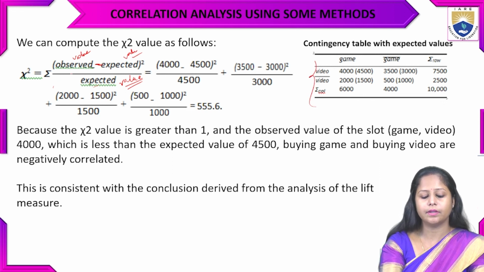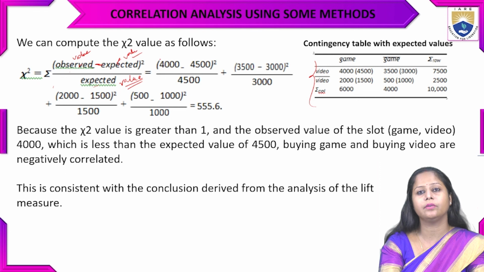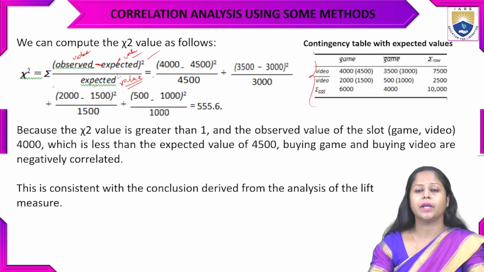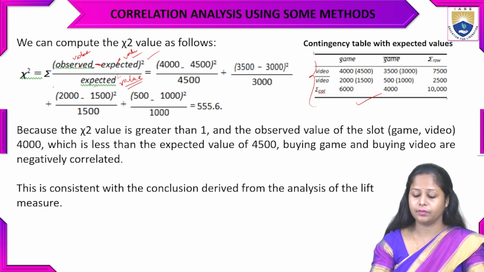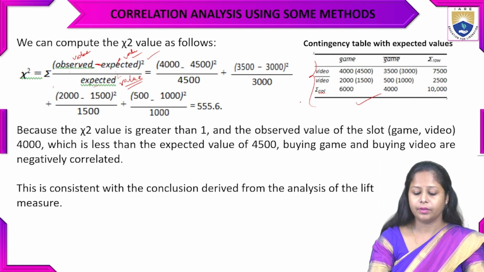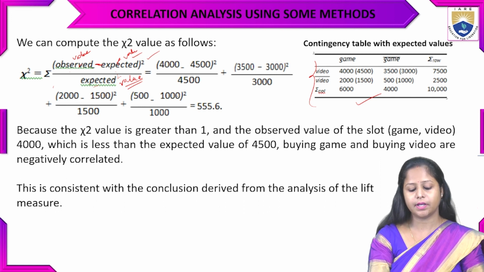We subtract the expected value from the observed value, square it, and then divide by the expected value.